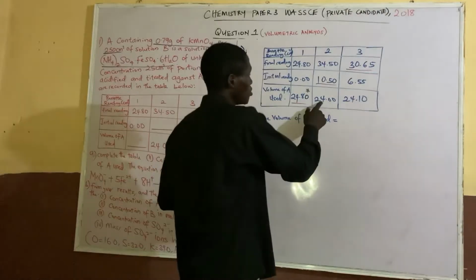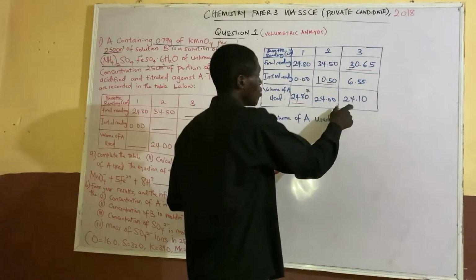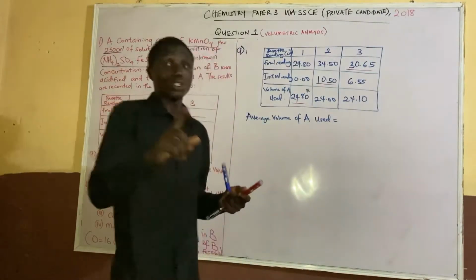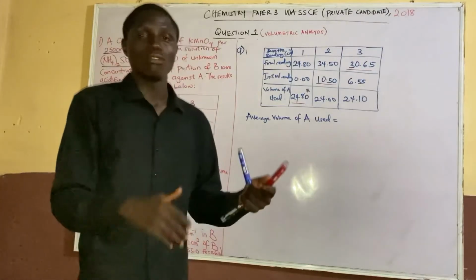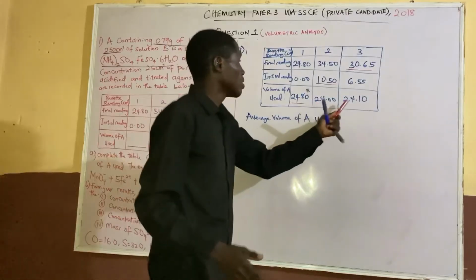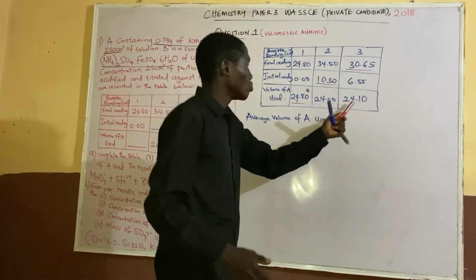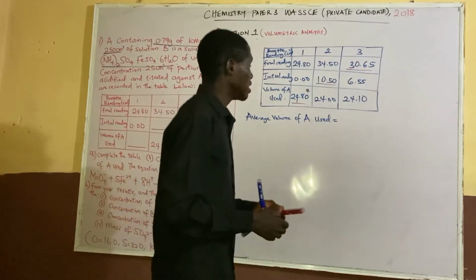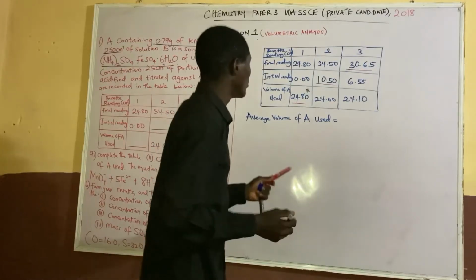So you see the difference between 24.00 and 24.10 is just 0.1, and the titre values should be in the range of 0.1 to 0.15. So that's why I always choose titre values 2 and 3 to calculate our average volume of AUs.